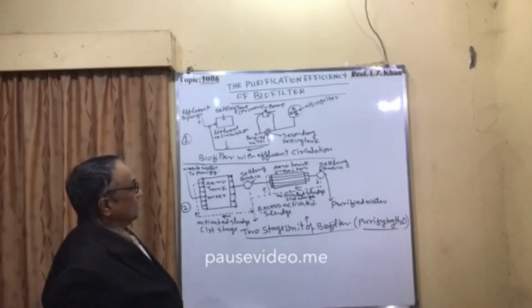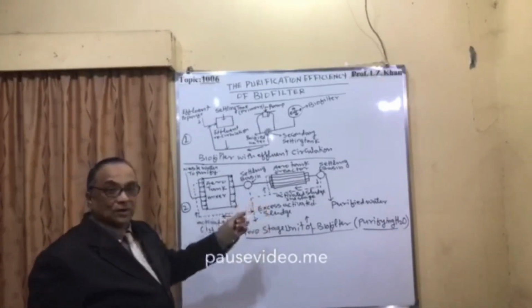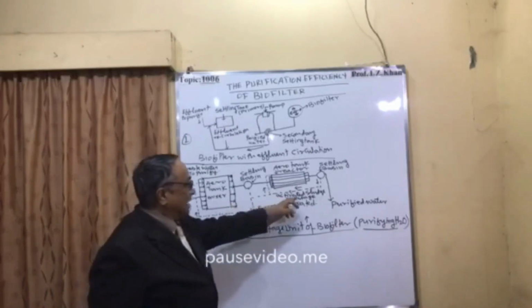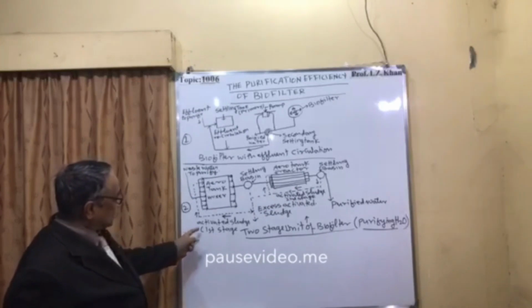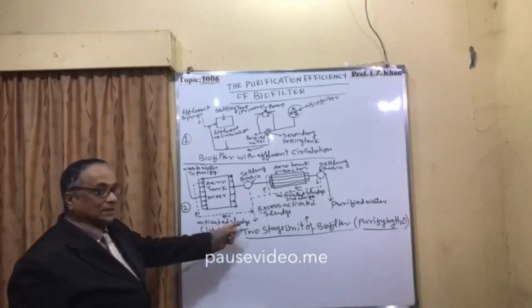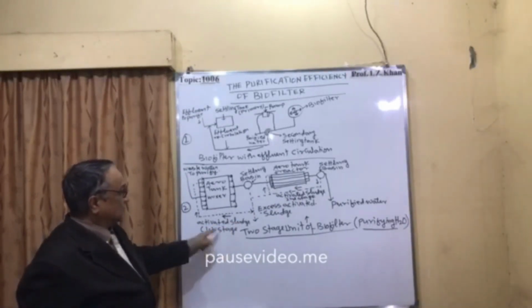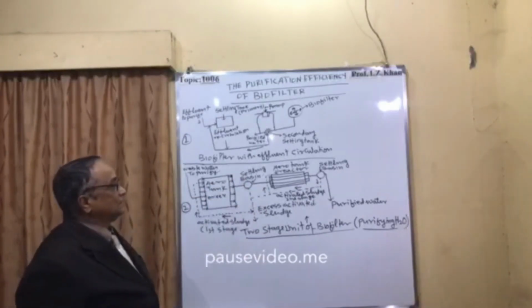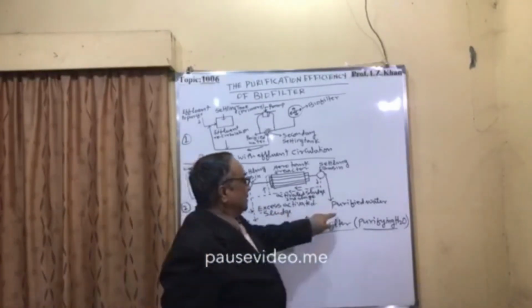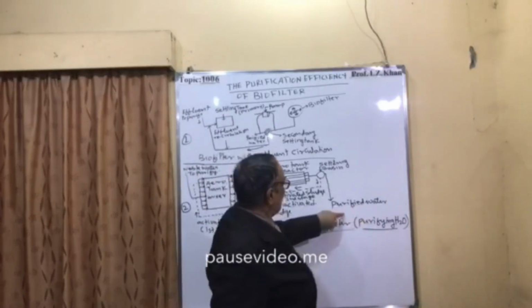From there it will be mixed with activated sludge, that is your second stage, and your first stage is here, that is activated sludge. So it is going first stage and then second stage, and then finally it is purified here, you will get the purified water.